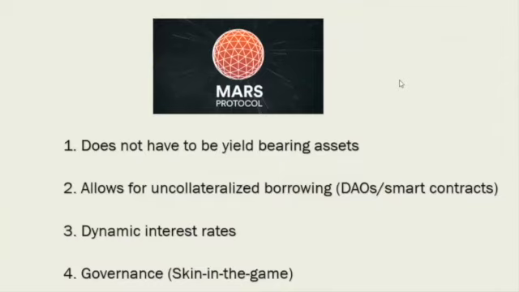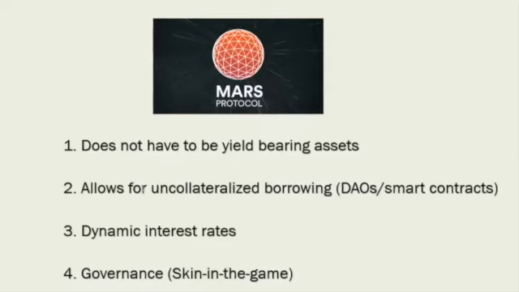The first difference is that Anchor only allows you to deposit yield-bearing assets, because they have to use the yields to pay the depositors. But Mars Protocol allows anybody to deposit any crypto assets. So it's like Aave and Compound, you can deposit Bitcoin, Ethereum, or Avalanche. It doesn't have to have a yield-bearing component to it. So that's the first part.